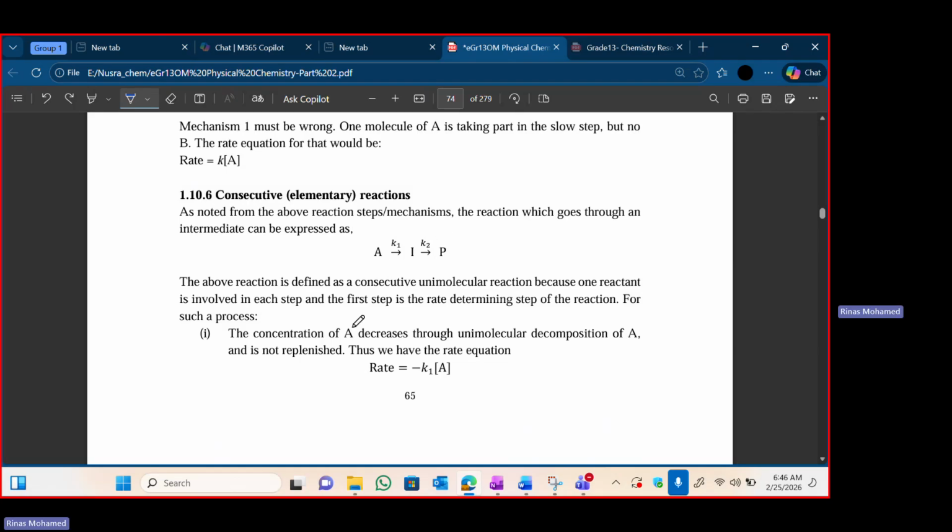Then for the first elementary step, you can write the rate, as the concentration of A is decreasing, R equals K1 into A to the power 1. That is a unimolecular reaction.